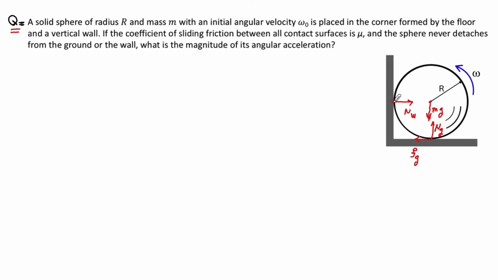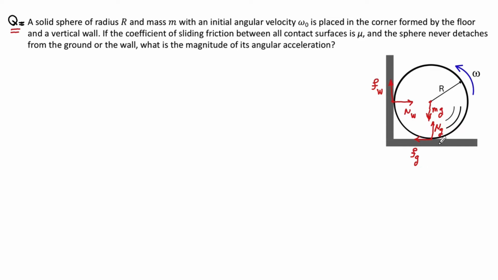And since this contact point tries to move downward, friction opposes this motion as well, and will be in the upward direction, F wall. So now we have all forces applying to this sphere from the wall and ground, and now we can write Newton's law to find angular acceleration.